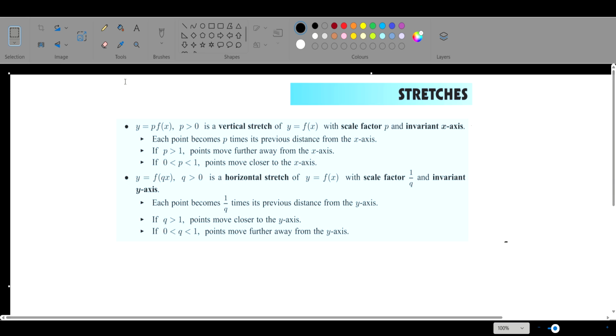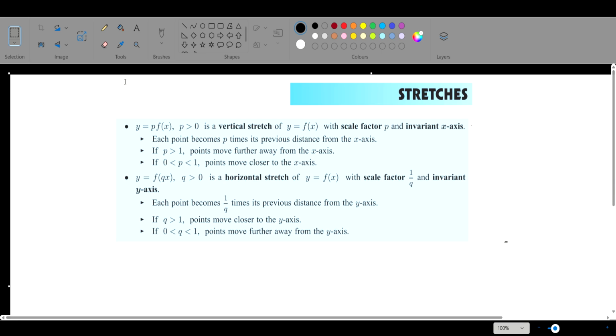The x value is still the same, but the y value is becoming bigger and bigger for the same x. Now see another way. Instead of giving a bigger number, give a decimal number, for example 0.5x square. What happens with 0.5x square? It got wider.